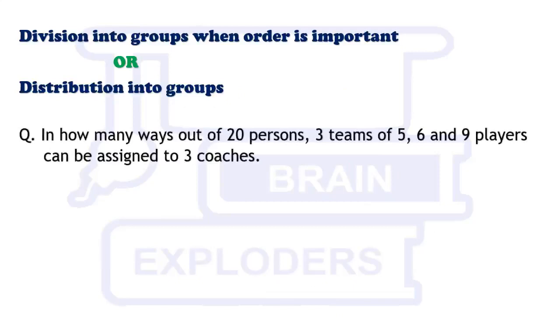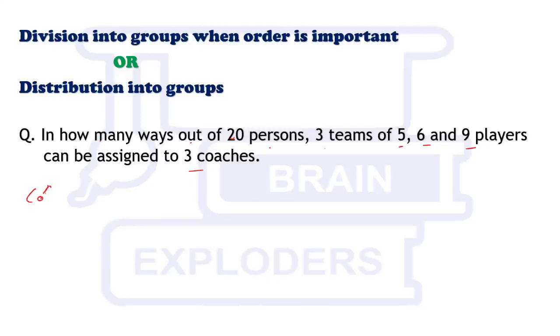But in the questions we were discussing, there was no definite sequence of selecting them. If the sequence of selection also matters, then we will have to multiply by 3 factorial. Look at this question. In how many ways can 3 teams of 5, 6 and 9 players out of 20 be assigned to 3 coaches?